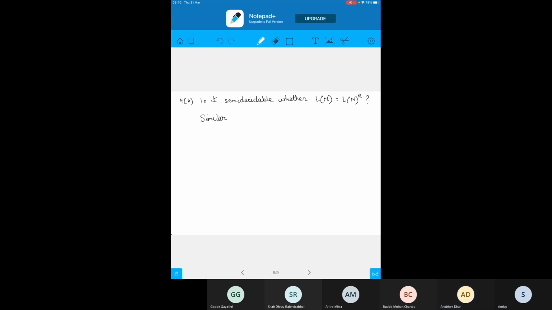I'll just write it similar to question 3, using A power n, B power n, C power n decider or recognizer as a subroutine. Okay, so those are the questions I had.